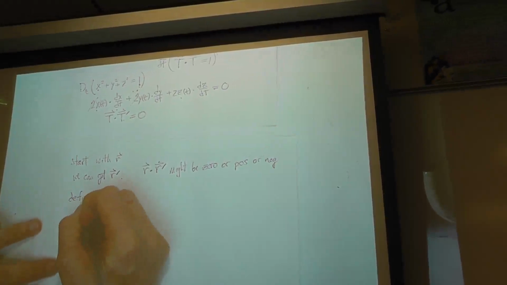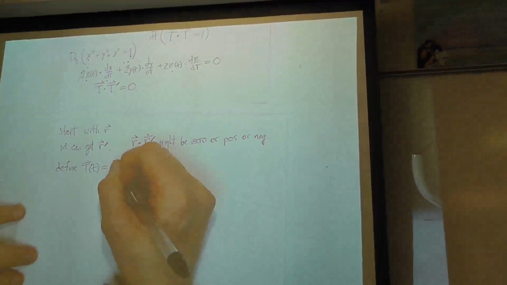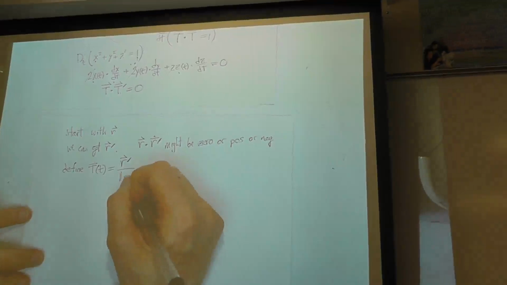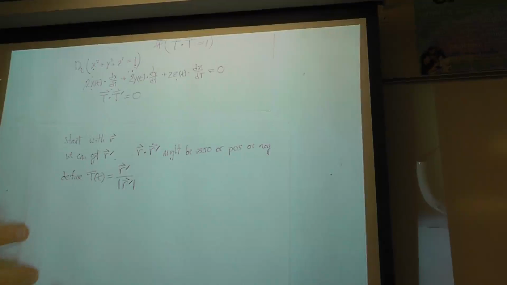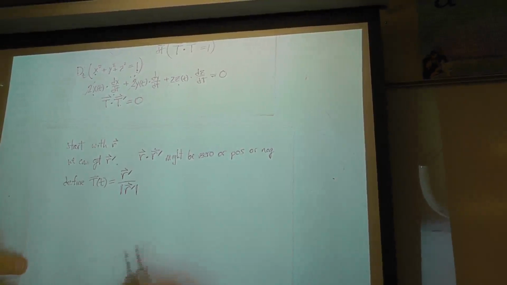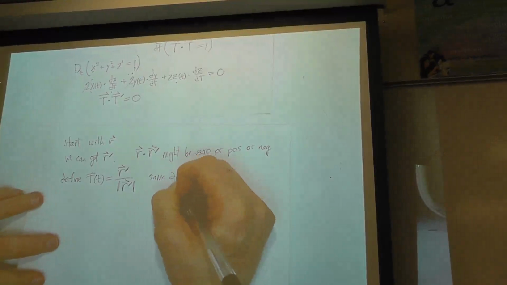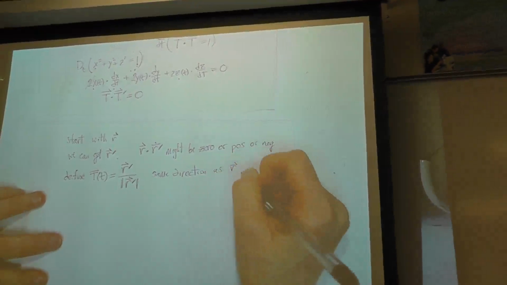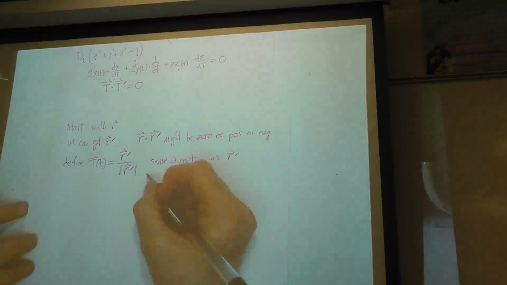We define T of t, T of little t, to be R prime divided by its magnitude. Unit tangential, it's length 1. It has the same direction as R prime. But its length is always 1.